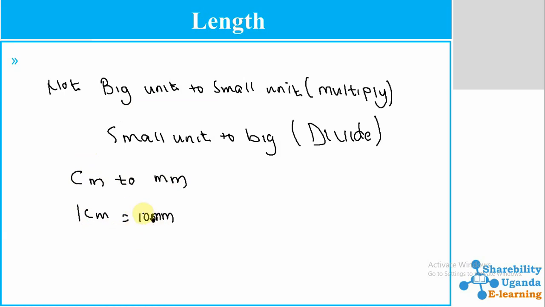So we want to change this centimeter to millimeters. We have said a big unit to a small unit, we shall multiply. So that simply means we have our 1 centimeter, we shall just have our 1 times 10. So this is going to be 10 millimeters.